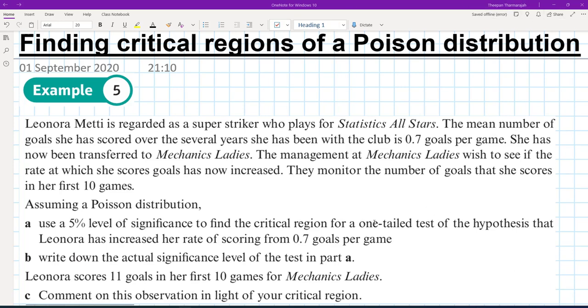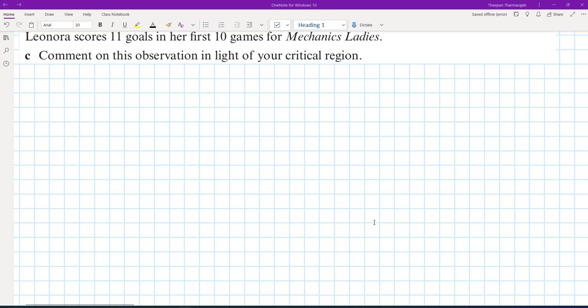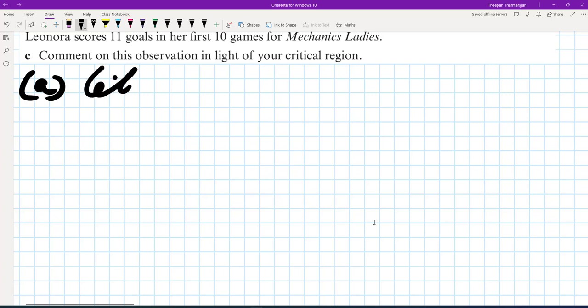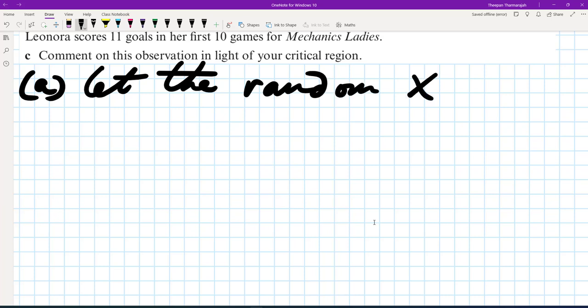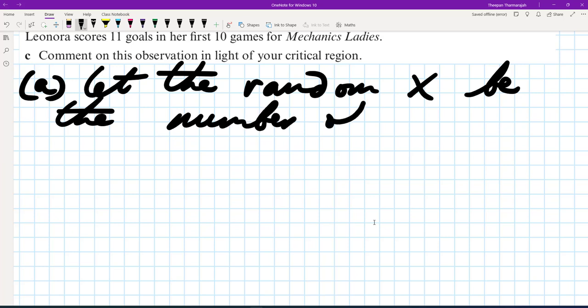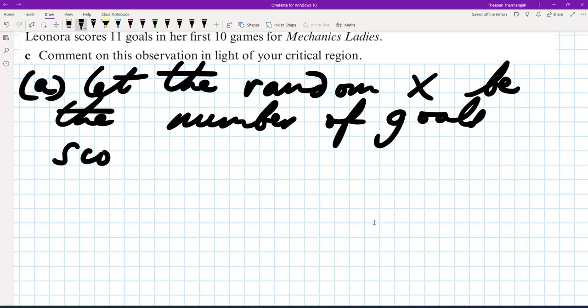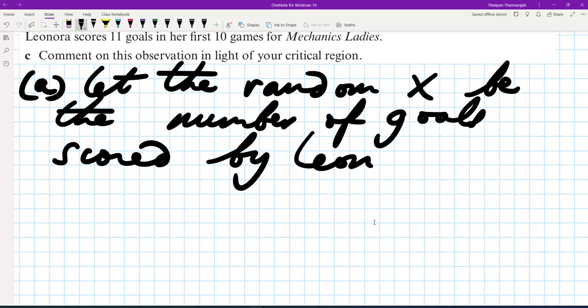So as always, we're going to start off by defining our random variable. So we say let the random variable X be the number of goals scored by Lionel in 10 games.